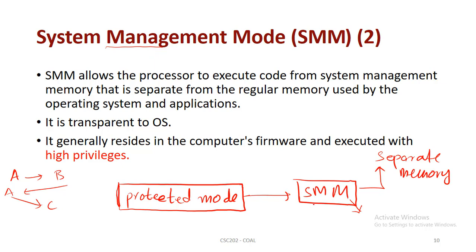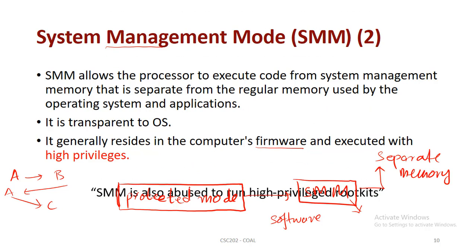So the software is actually stored in the firmware. When you receive an interrupt or some other event and your processor is shifted to SMM mode, the code which is residing in the firmware of the microprocessor starts executing and switches to SMM mode.